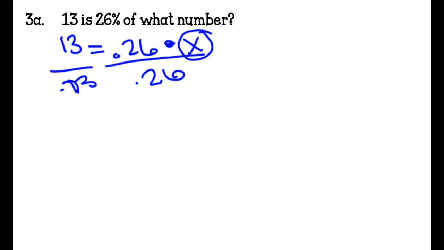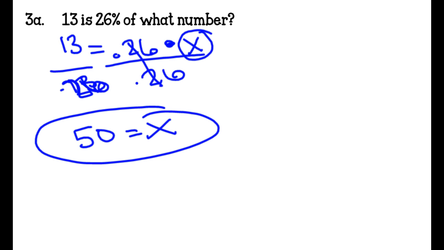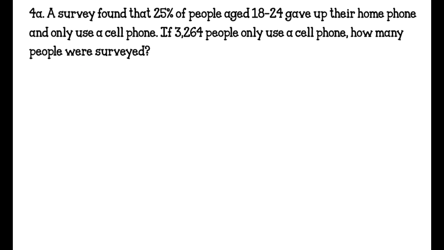Oh, writing the wrong number. So we take 13 divided by 26 hundredths, and we get 50. So x equals 50.